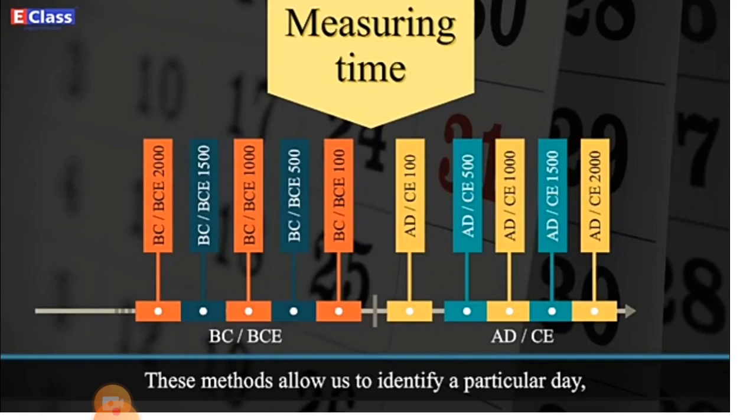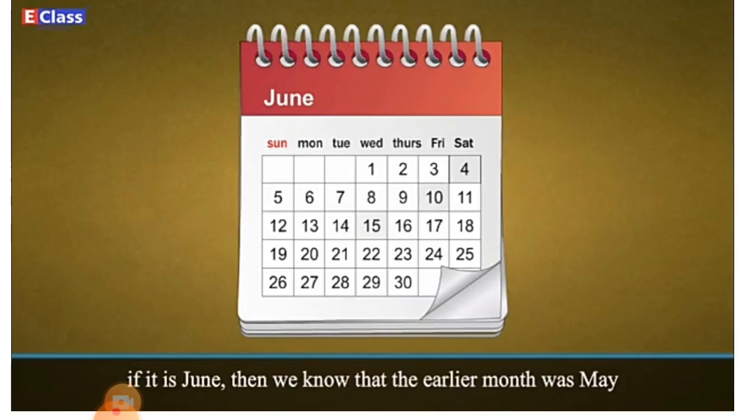For example, we know that it is the month of June. Then we know that the earlier month was May and the next one will be July.